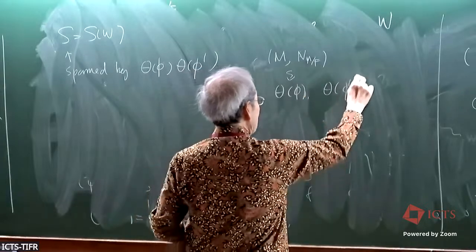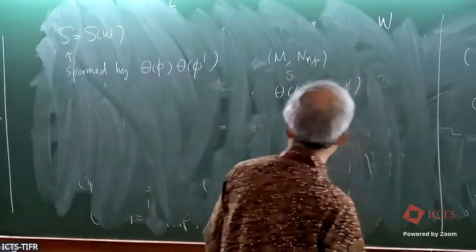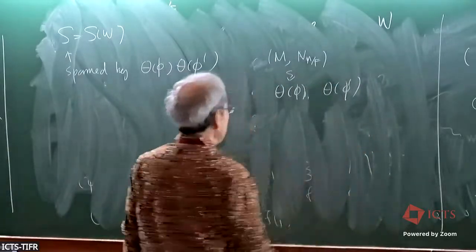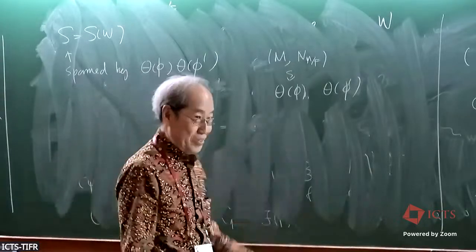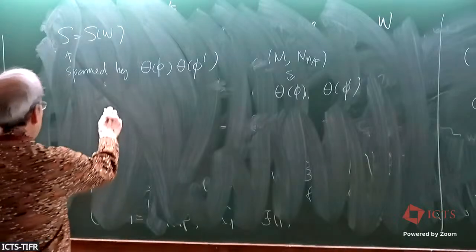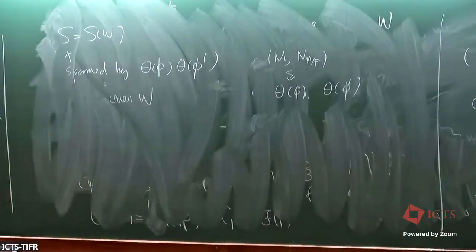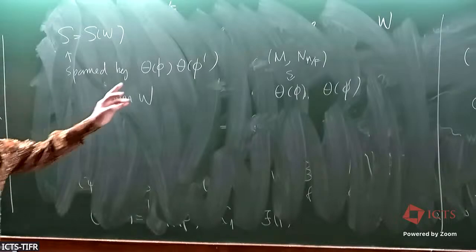You choose a nice Schwartz-Bruhat function to arrange the weight. The Schwartz function gives you a weight, the Bruhat function gives you a level, and it is spanned by this over W. That I try to prove. This is, of course, both weight 1 and 1.